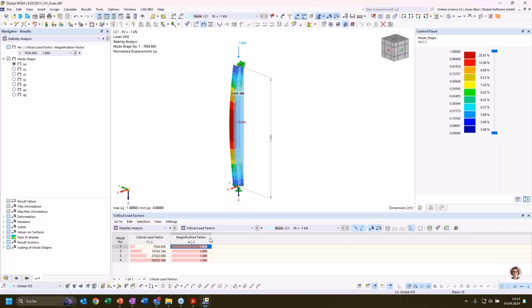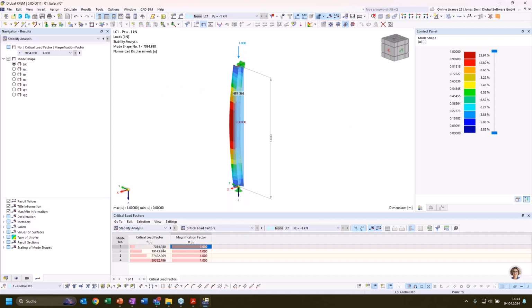That's not commonly used, but I just want to highlight that this is the magnification factor because it's denoted with the parameter alpha. And in some other cases within our program, you will find that the critical load factor or the bifurcation factor is denoted with this alpha parameter. So just that you are not confused when you see this parameter in another context.